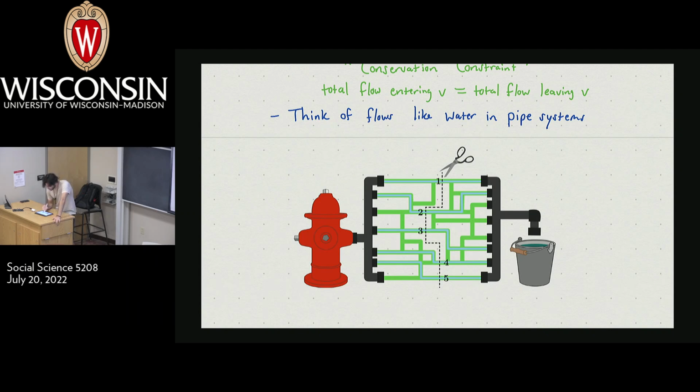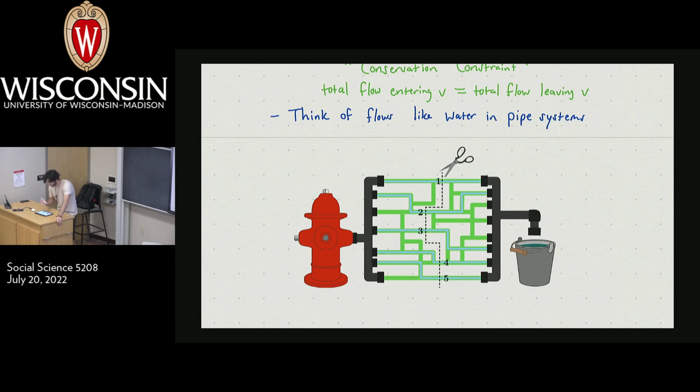So all the water in this network comes from the fire hydrant, and it's going to go down different pipes, and eventually it enters into the bucket at the end. The water could take very different routes to get to the bucket. And each pipe has a physical capacity. You can't send more water in a pipe than it can physically hold. So the capacity here is literally how much water you can fit in a single pipe at a single time.